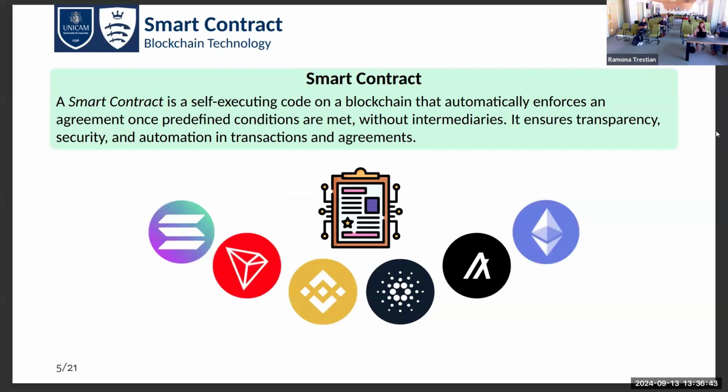Today the blockchain technology doesn't offer only the exchange of cryptocurrencies, but the advent of smart contracts completely changed the application and the meaning of the blockchain.